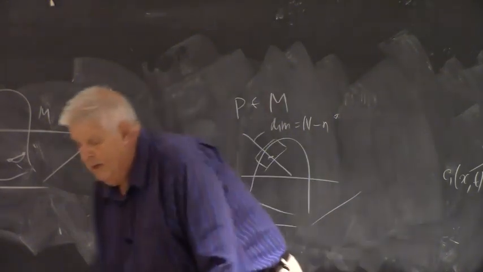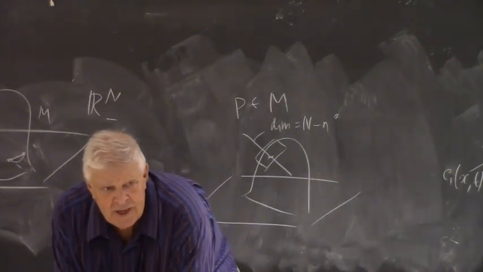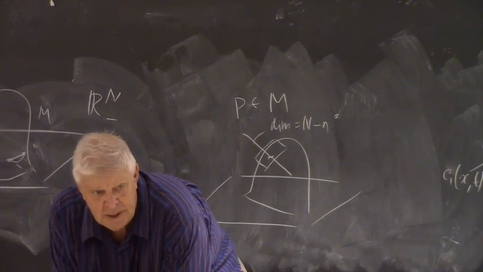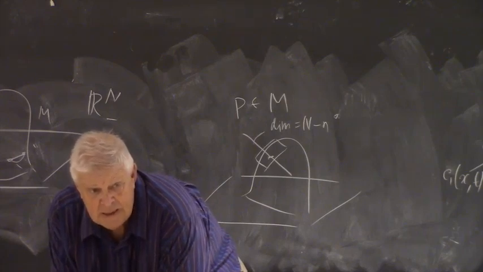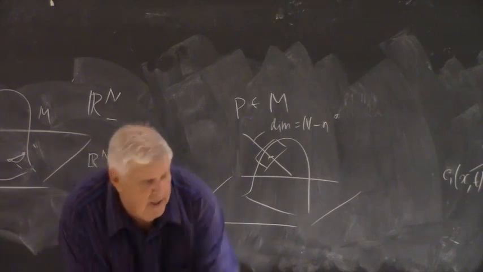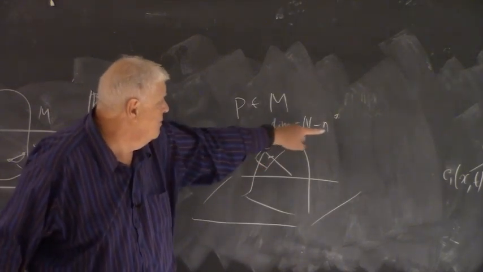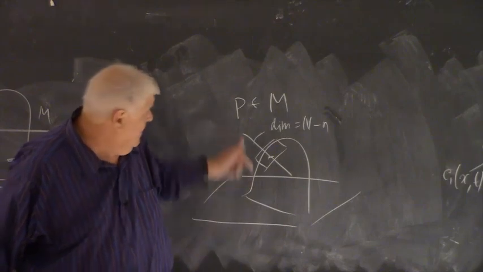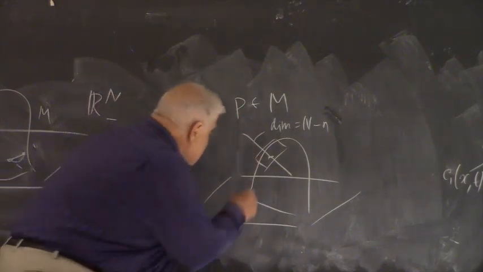My blackboard has a small dimension, and I cannot draw it big dimensional. So for every point in M, I have this N minus n plane. These planes are everywhere.